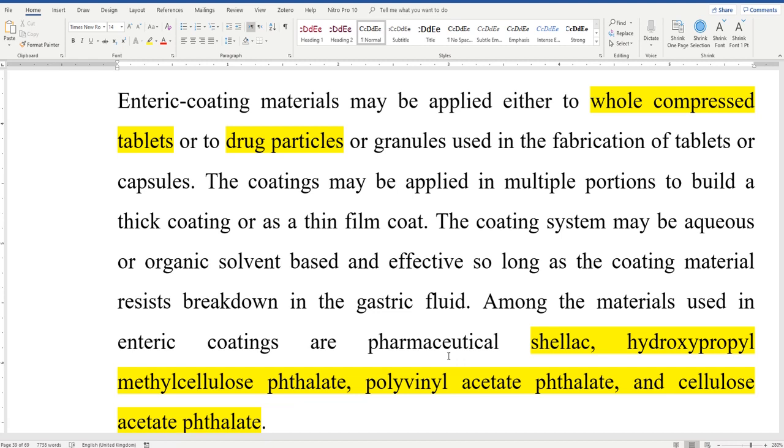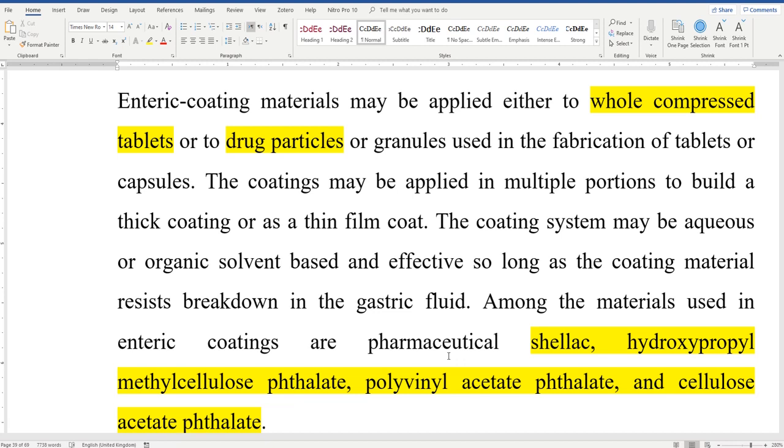Remember this. Do we normally do that? For example, when we prepare sugar coating, do we prepare it because we want to do enteric coating? The answer is no. Normally we do it with film coating because it's easier and faster and it does the job. So why do we go for sugar coating?